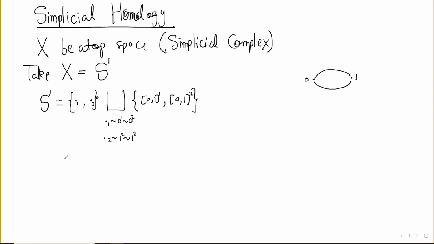Okay, now we have to form a chain complex. Again, I'm not defining it, but what I will write through that. This is called a simplicial complex structure on S1, or I should just say simplicial complex structure on the space.